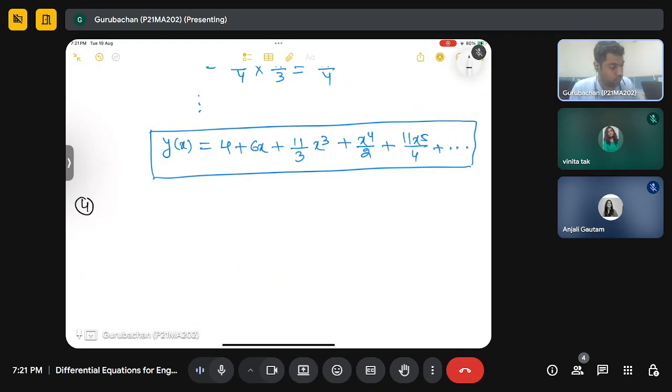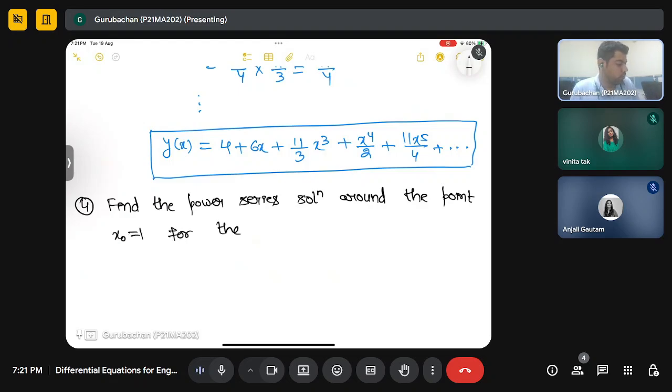Question number 4: find the power series solution around the point x naught equal to 1 for the differential equation x square y double dash plus x y dash plus y equal to 0.